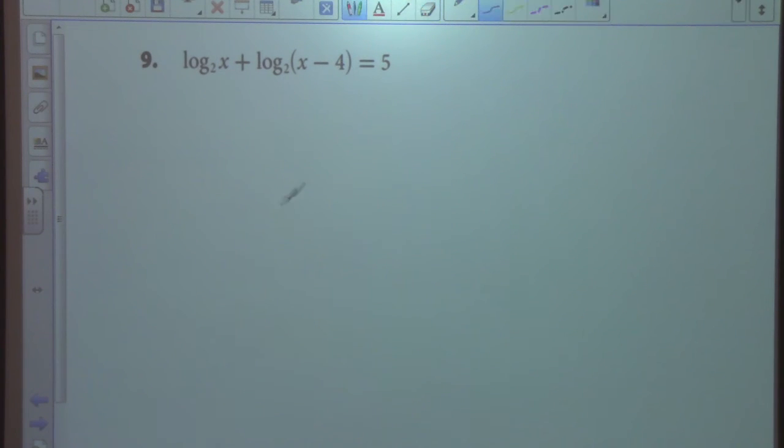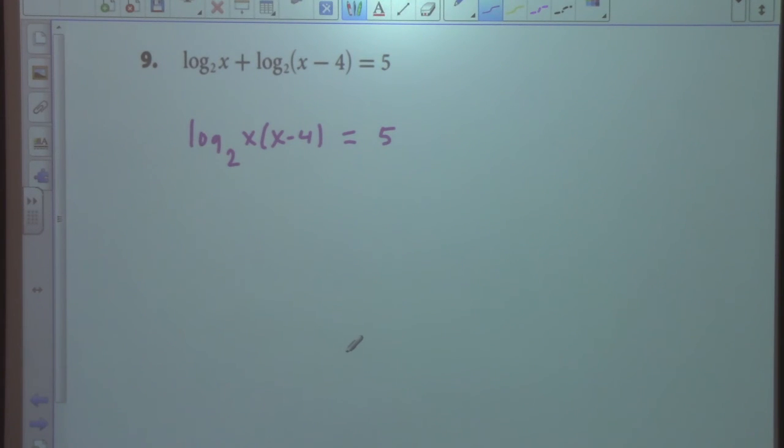Let me show you. So we have log base 2 of x times x minus 4 equals 5.